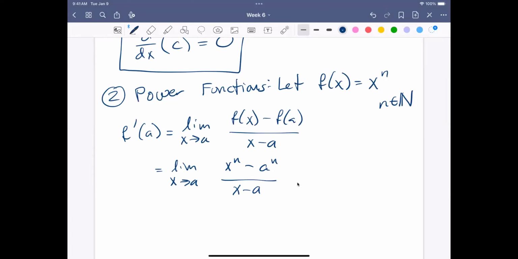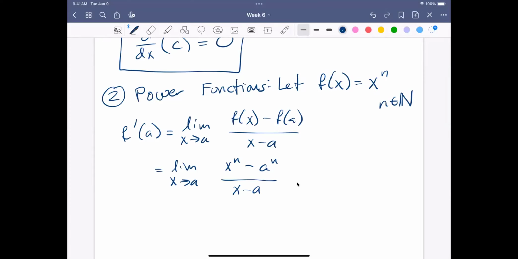Keep repeating that pattern, taking one off x and putting it onto a, until we get x times a to the n minus 2 plus an a to the n minus 1. And that's still all going to be over x minus a.